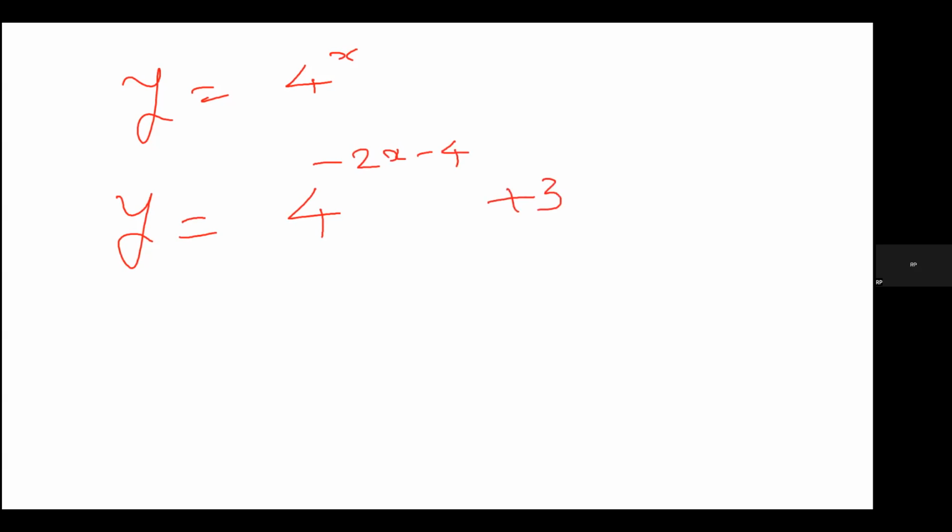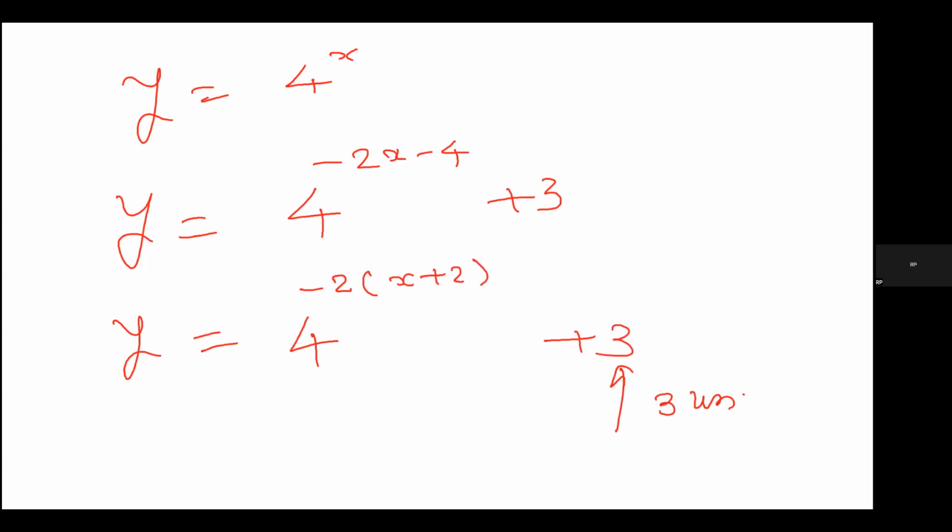Whenever you want to find out the exact transformation, you take out the coefficient of x as common. So now you have x plus 2 and plus 3. So this tells you that your graph is moved 3 units vertically up.